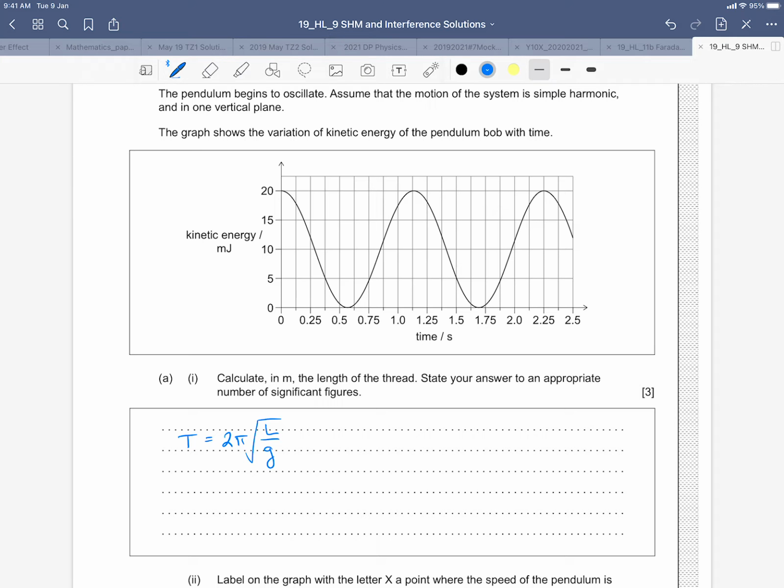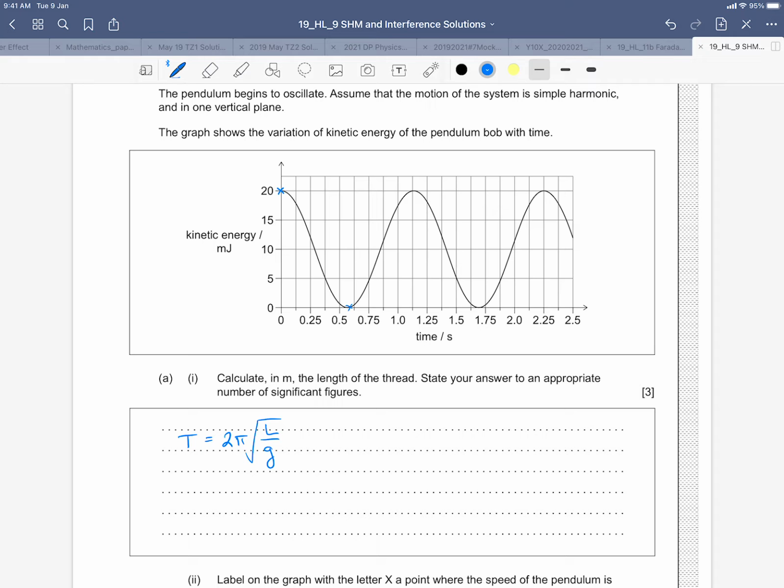So we have to read off the period, and we have to be a little bit careful because this is the kinetic energy that is being shown. So we have to remember that maximum kinetic energy is when the pendulum whizzes past the equilibrium position. So we start off at time 0, it's whizzing past the lowest point, and then when the kinetic energy is 0, it reaches the maximum displacement from equilibrium on one side.